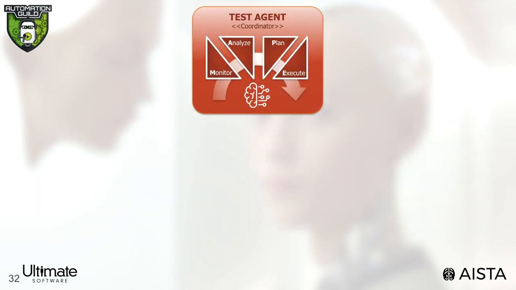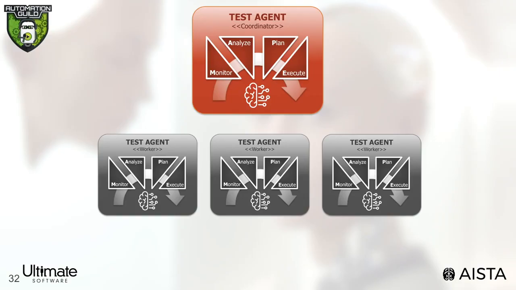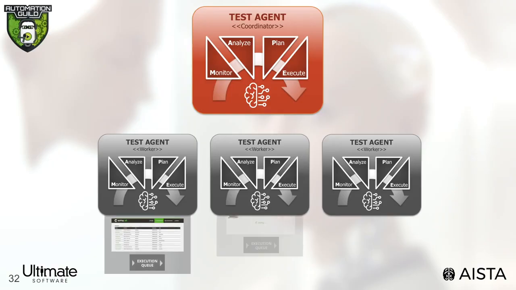And so let's look at how the agents actually coordinate and use these artificial brains to do testing. And so at the top level, if we have an agent that's responsible for coordinating the entire testing process, we may have other agents that are more worker level agents that interact with the application under test. Now remember, these are autonomous and independent.